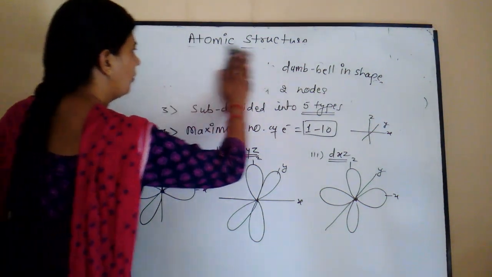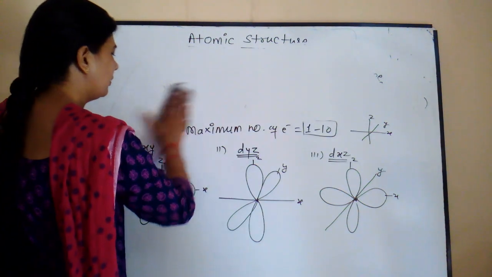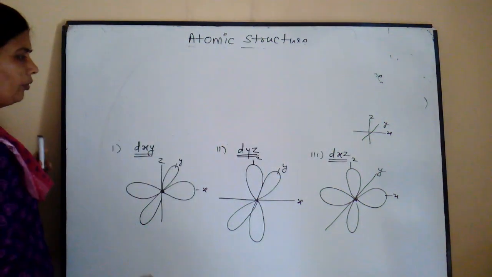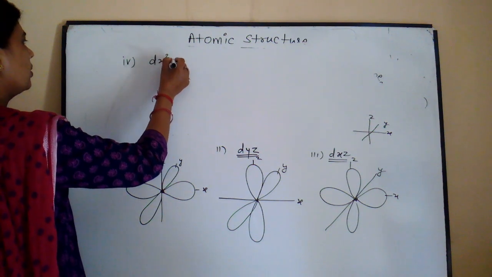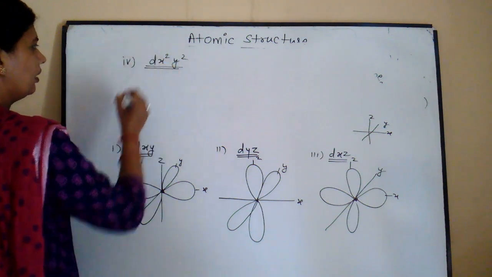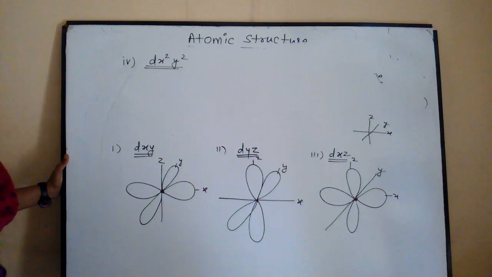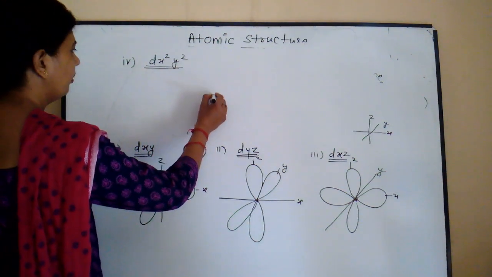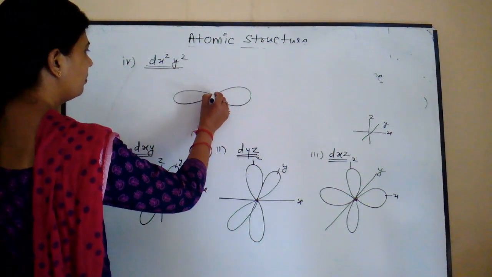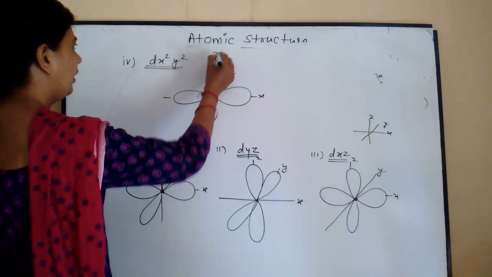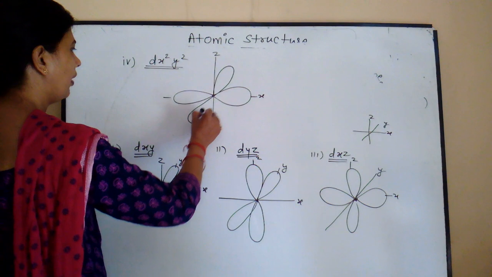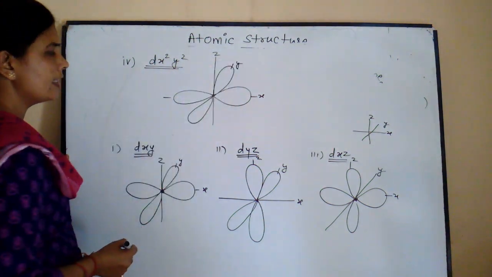After this, the fourth one is dx square minus y square. One d orbital present on the x-axis, and another on the y-axis, and there is a square.